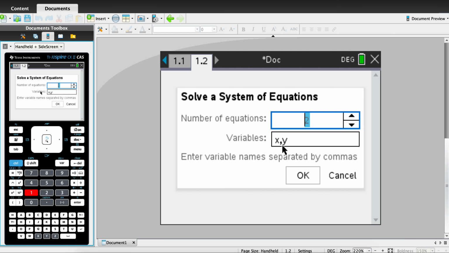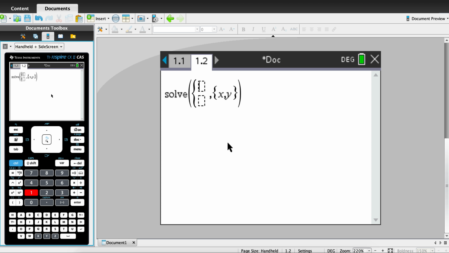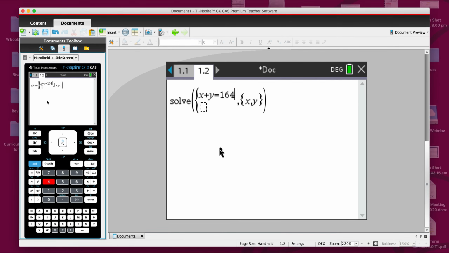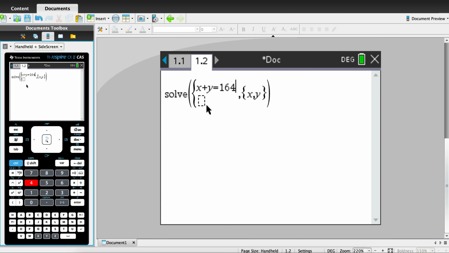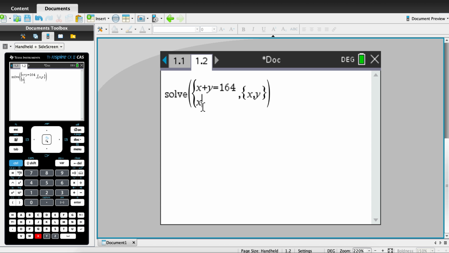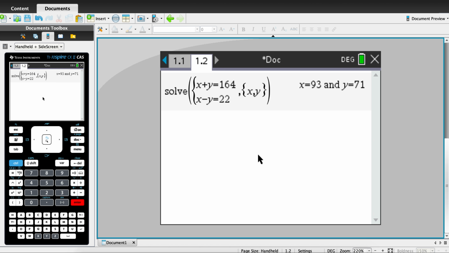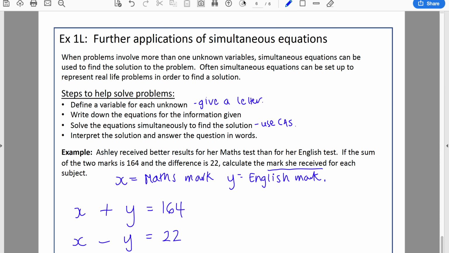So we've got two equations. They are x and y. We'll press enter, and they were x plus y equals 164. Let's double check that. Yep, and x minus y equals 22. And we press enter. All right, and then we have our solution. So x is 93, y is 71.